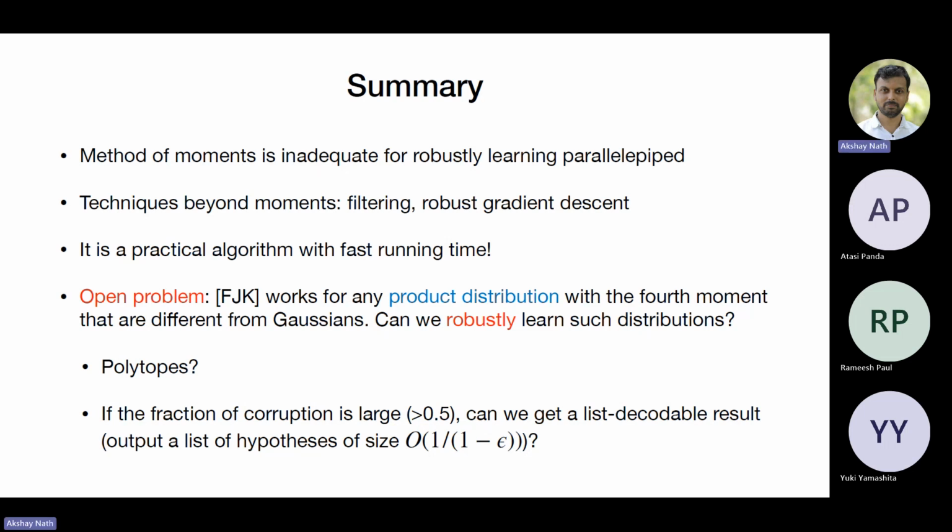And also, can we generalize to some polytopes with some restriction? Of course, we can't learn any arbitrary polytope, but maybe if we have some conditions.